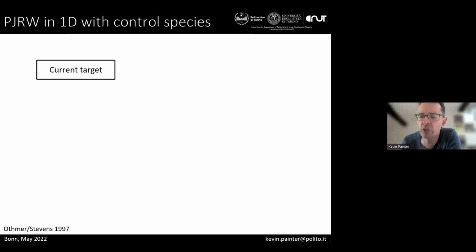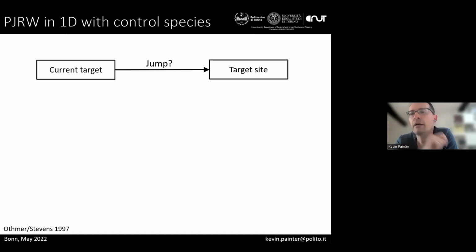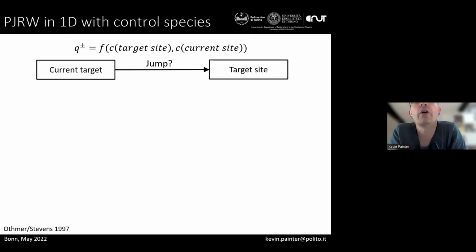But we're just going to assume that my decision to move depends on information at my current site and information at my target site. So we're going to just look at these 2 positions and make a jump accordingly. But we can do this in various ways. So q plus or minus is a function of c at my target site and c at my current site.